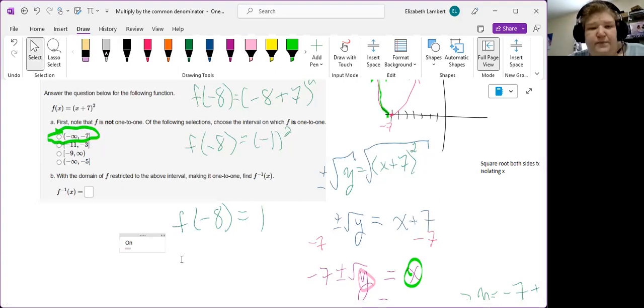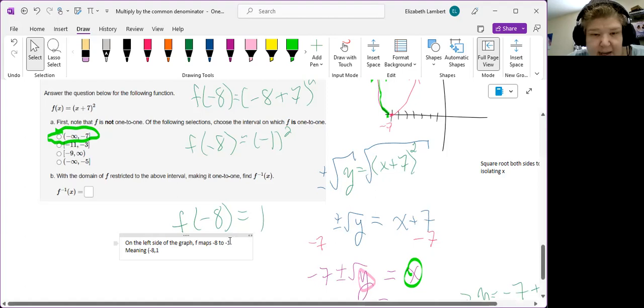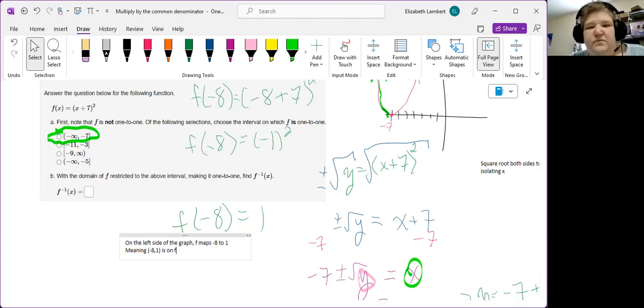Okay, so on the left side of the graph, f maps -8 to, sorry, 1, not -1. So the point (-8, 1) is on f, on the side of f we are trying to find an inverse of.